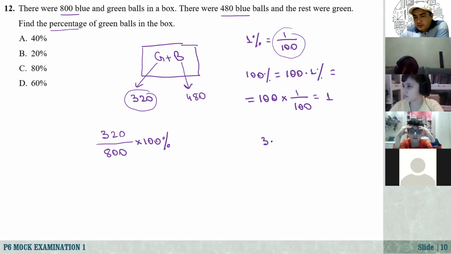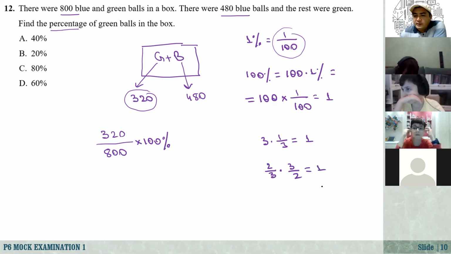What is 3 times 1 over 3? 1, right? And what is 2 over 3 times 3 over 2? It's 1. Actually, we call them reciprocals of each other, because if the product of two numbers is 1, we call them reciprocals of each other, right?